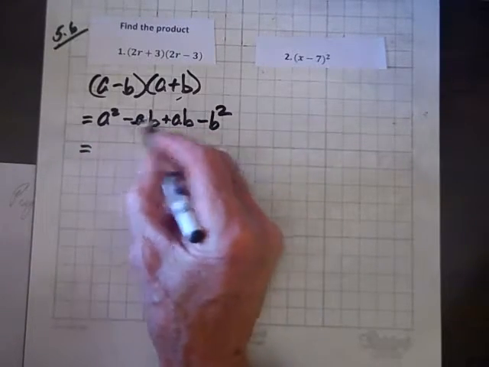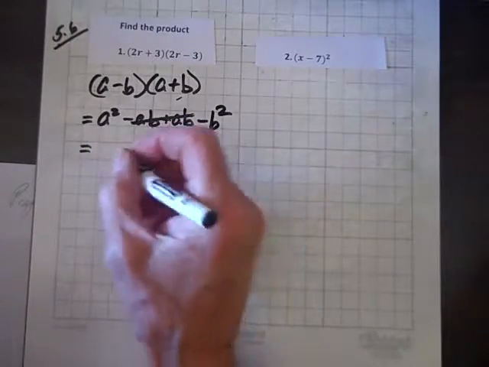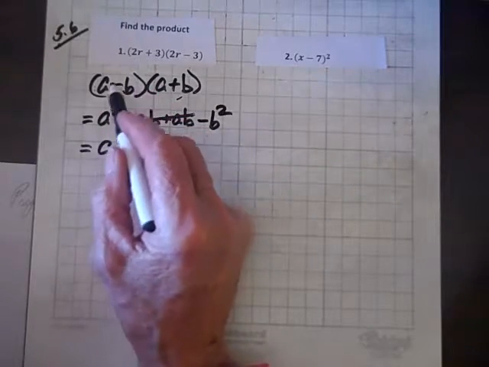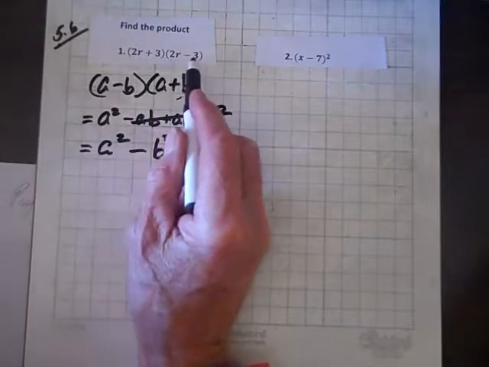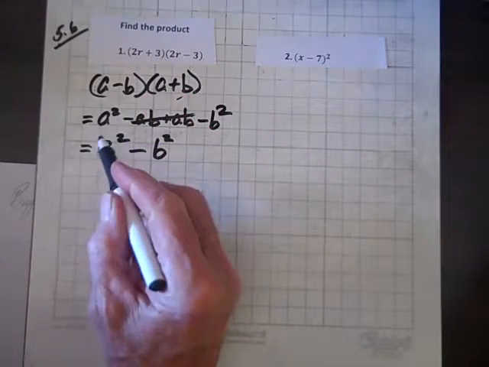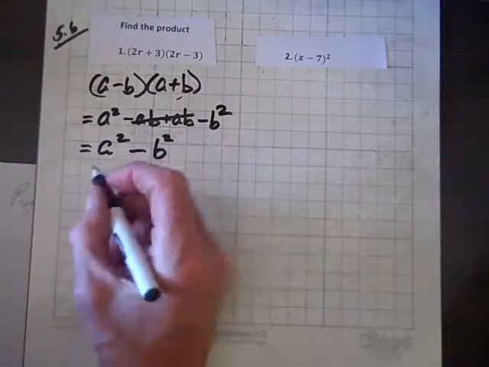Now you can see that the middle term adds out, so you always get this anytime you have this phenomena where you have identical values except opposite signs. You always get the square of the first term minus the square of the second term.